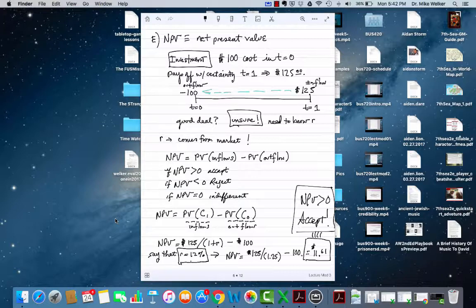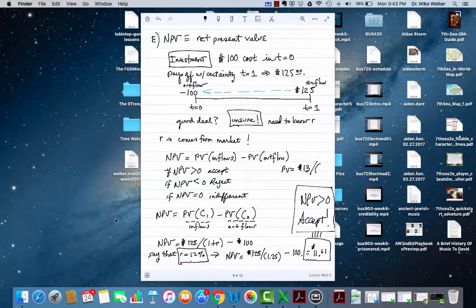So we have this example of being $13 better off at time period 1 with the project rather than without the project. What is the present value of the $13 difference at time period T1? Well, it turns out that it's 11.61. That's the present value of $13 in time period T1. This is the difference between 125 and 112.